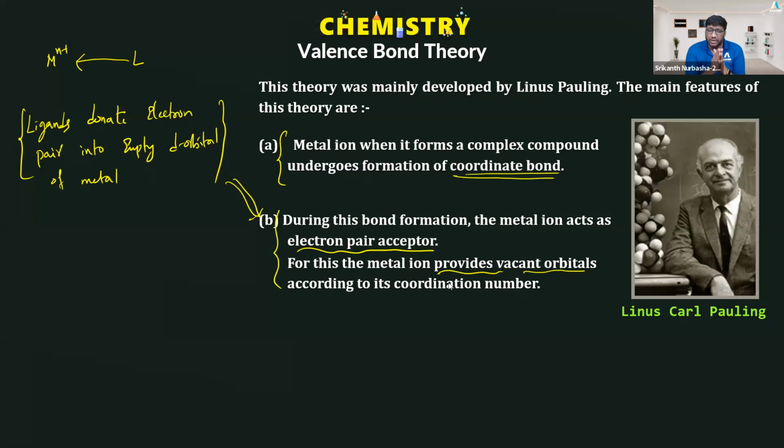The metal ion is not free, it is in the complex ion. In the complex ion, whatever the metal we have, that will have some empty d orbitals or empty orbitals in the outermost shells. Because of the presence of empty orbitals, it will accept electrons from the ligand. Ligand is donating the electrons, metal is accepting the electrons. So metal acts as electron pair acceptor, ligand acts as electron pair donor. These are the basic postulates of valence bond theory.